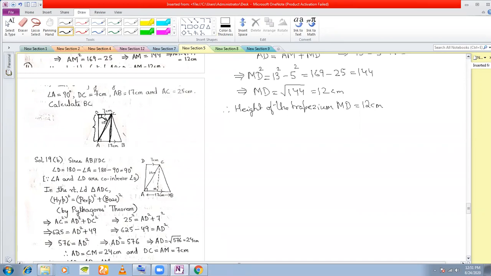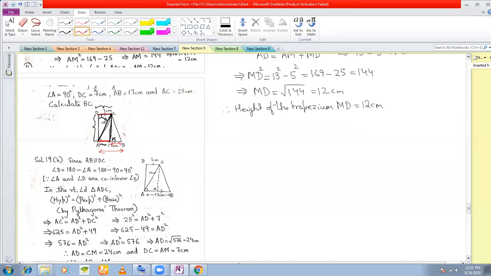Also what you see is that this length DC must be equal to this length. Let us call this point M. This length must be equal to this length, right? So once you know this length and once you also know the entire length, you can know this length also.